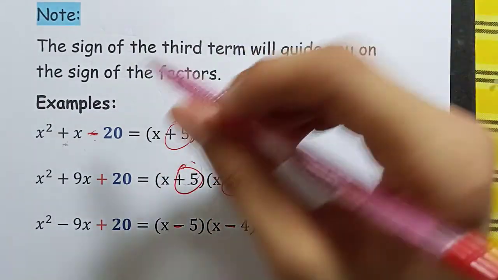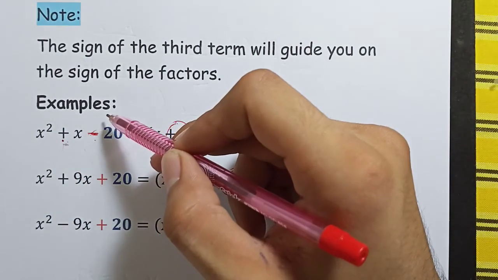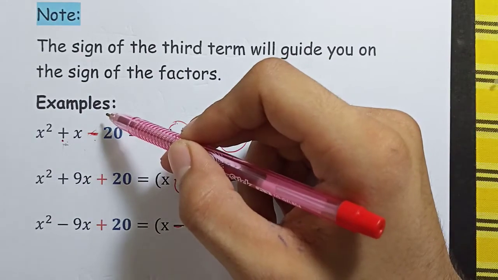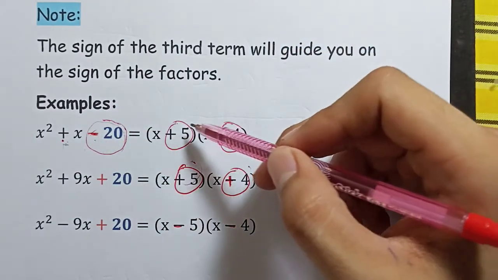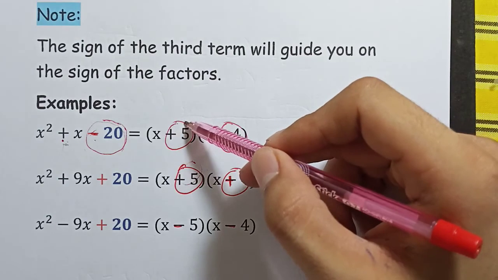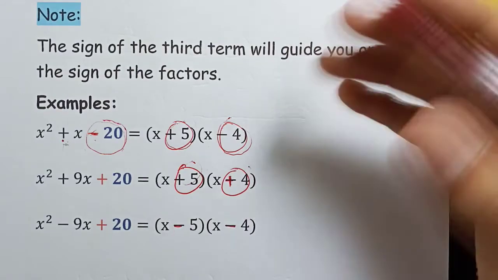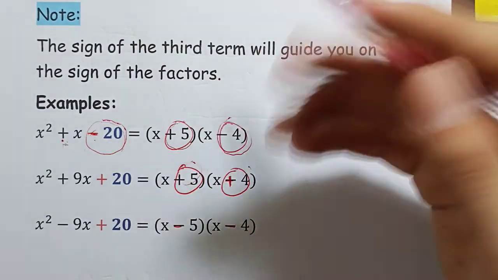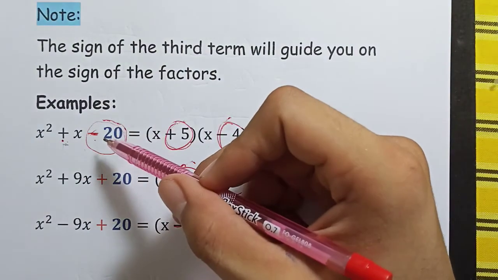Gets? Kapag yung last term is negative, ang sagot natin ay isang positive integer at isang negative integer, or vice versa. Given na negative yung last term.